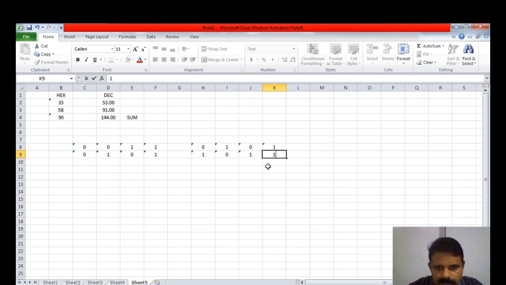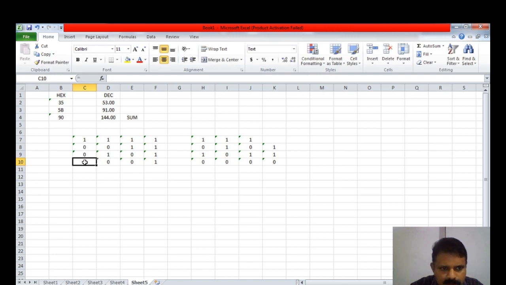If we sum up, this will be 10. So 1 carry, 1 plus 1 is 10, again 1 carry, 1 plus 1 is 10, again 1 carry, and so on, and here it ends with 1 plus 0 plus 0.